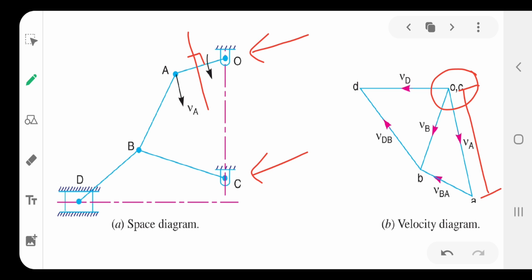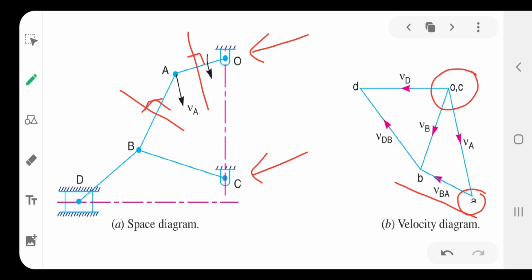After that, from point A draw a perpendicular line to link AB. But we don't know the distance of AB.